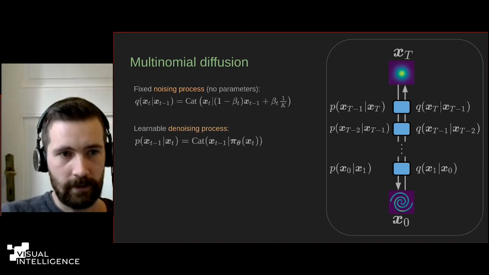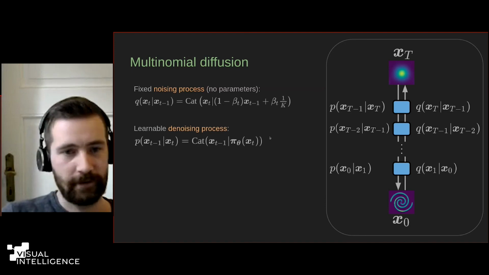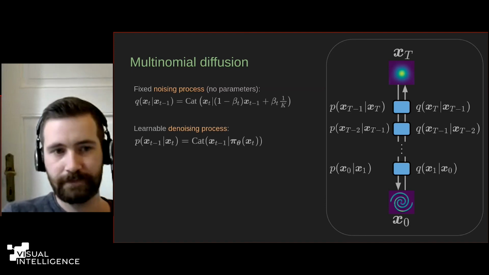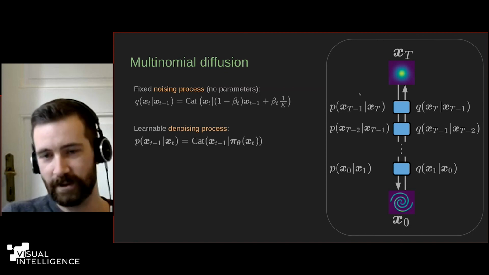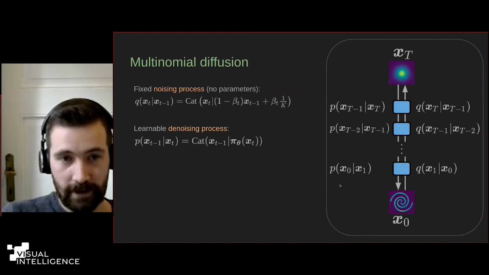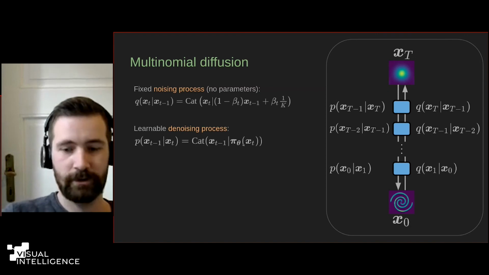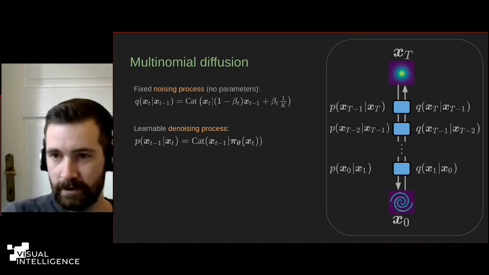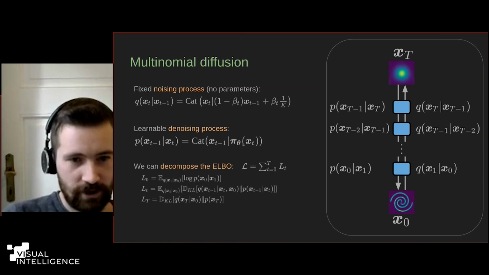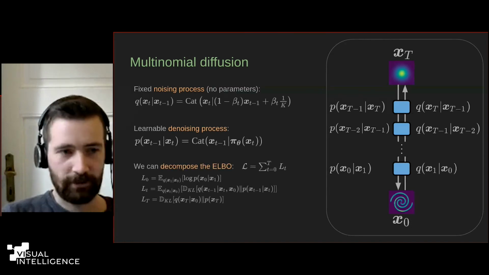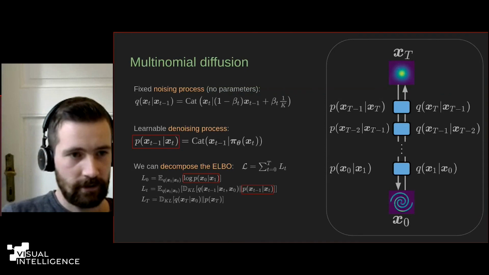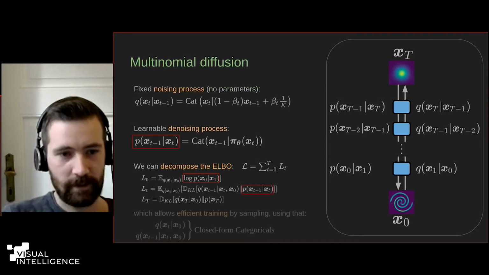And then, very similar to before, we use a learnable denoising process. So this P going the other way is a categorical distribution, again parameterized by a neural network. And just as before, the ELBO decomposes like this, where this P is the same as before.